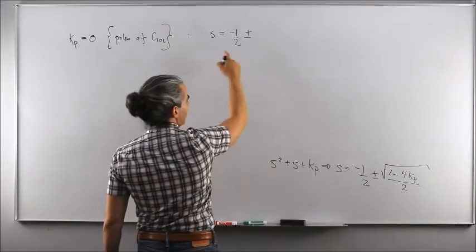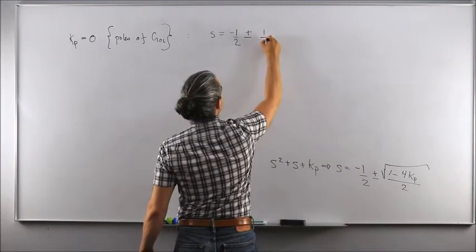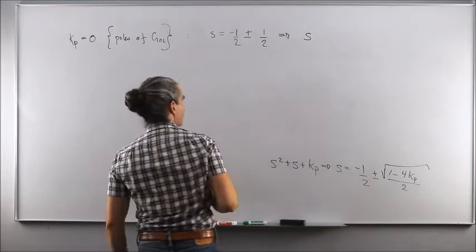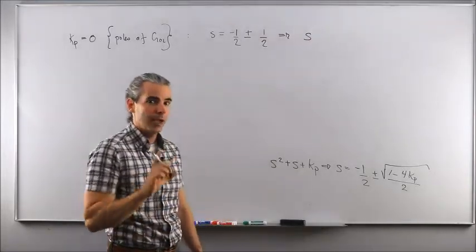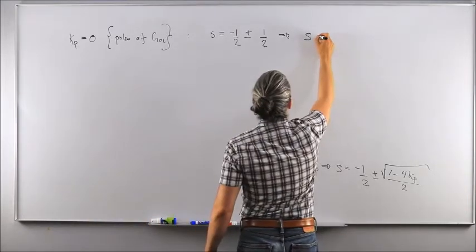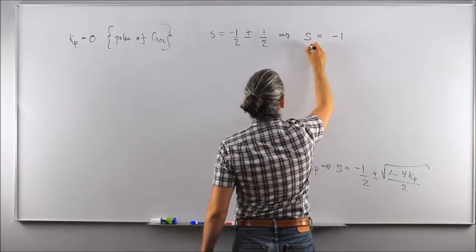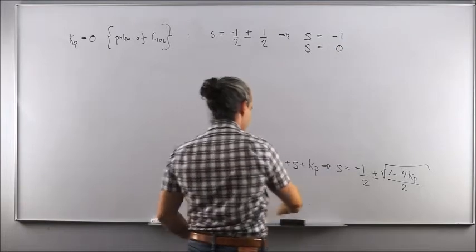So it'd be minus 1/2 plus minus 1/2, meaning that the poles of the open loop transfer function, or the poles of the closed loop transfer function whenever Kp is exactly equal to 0, will be given by one pole at minus 1 and the other pole at 0, at the origin of the complex plane.